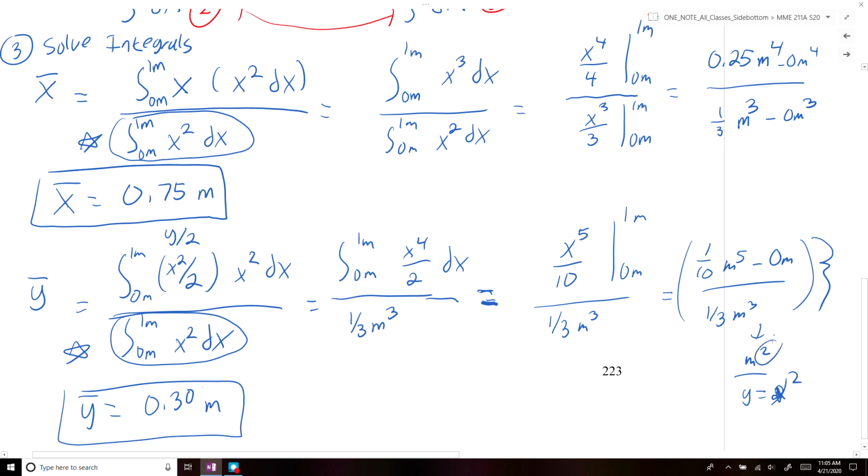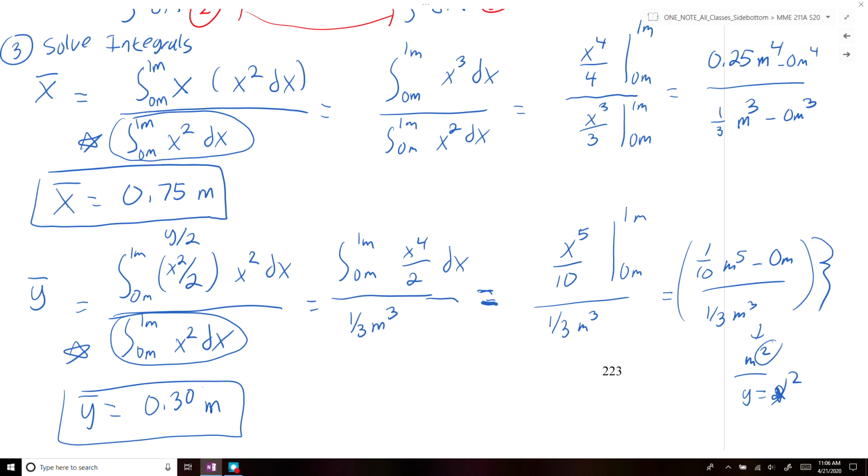For these types of integrals, if you get an extra meter, don't worry about it. After you make a substitution for the other variable, your units might not agree, but as long as you do your substitutions correctly, just write the unit that it should be. For centroids, everything should be in terms of length.